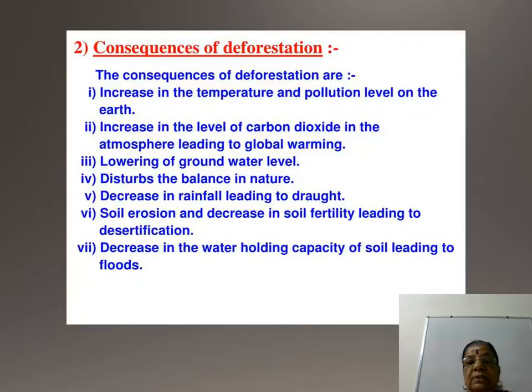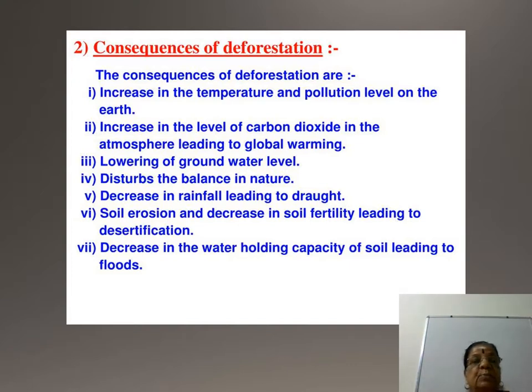Okay, the next one, what are the consequences of deforestation? The consequences of deforestation are increase in the temperature and pollution level on the earth, increase in the level of carbon dioxide in the atmosphere leading to global warming, lowering of groundwater level, disturbs the balance in nature, decrease in rainfall leading to drought, soil erosion and decrease in soil fertility leading to desertification, and decrease in water holding capacity of the soil leading to flood.